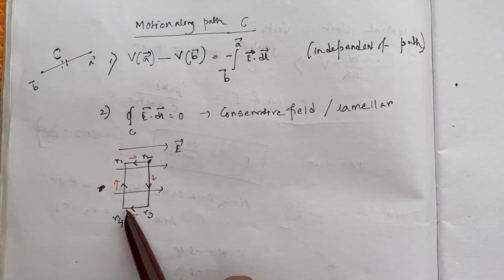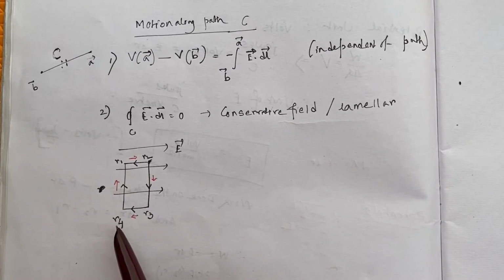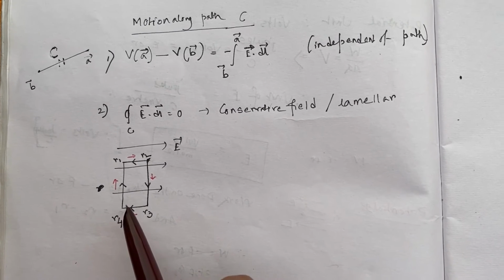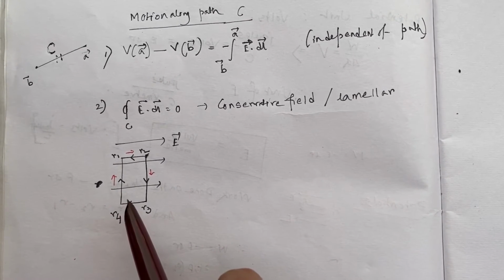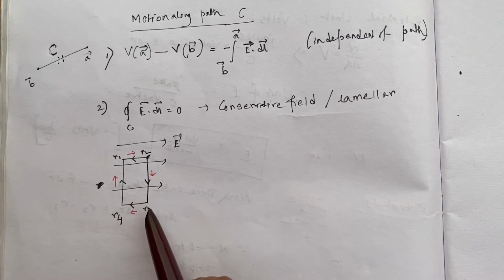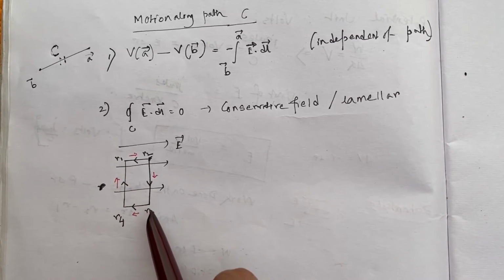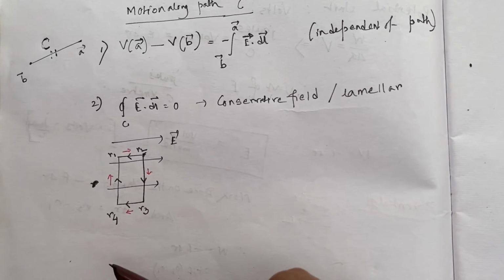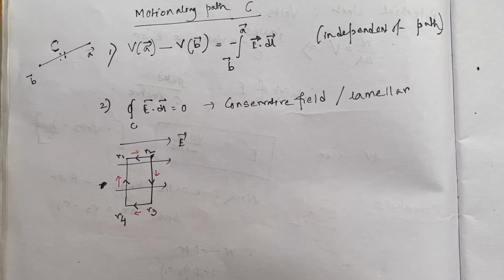And if I move from R4 to R1, I am again moving perpendicular to the electric field, so the work done is again 0. If I consider the two paths from R1 to R2 and from R3 to R4, the work done along these two directions is opposite in sign.